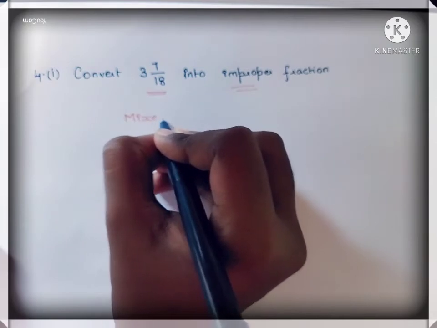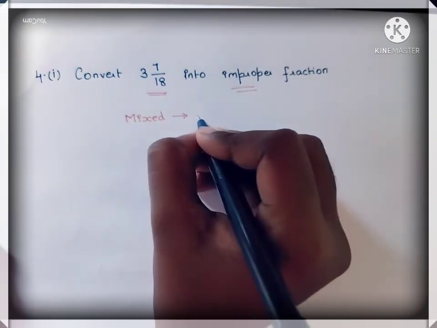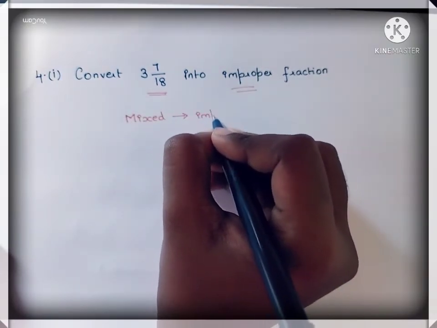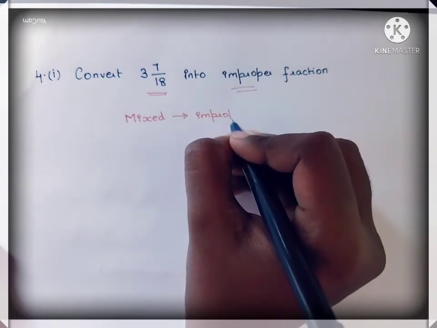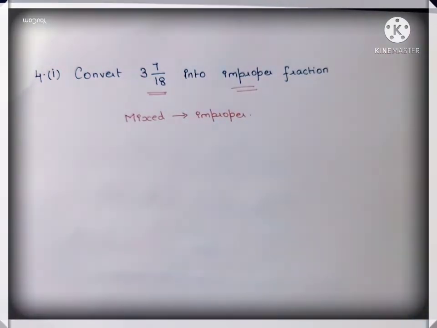So, how do we convert a mixed fraction into an improper fraction? We have a simple procedure for performing this.